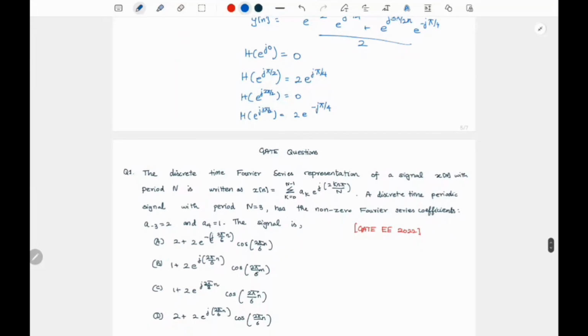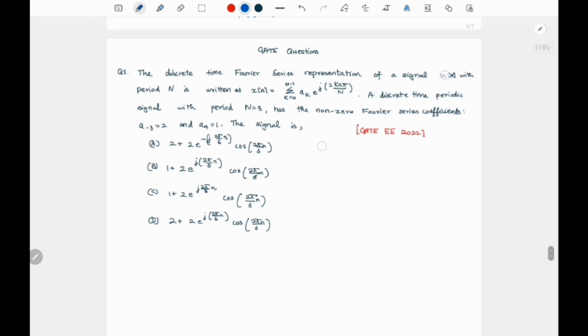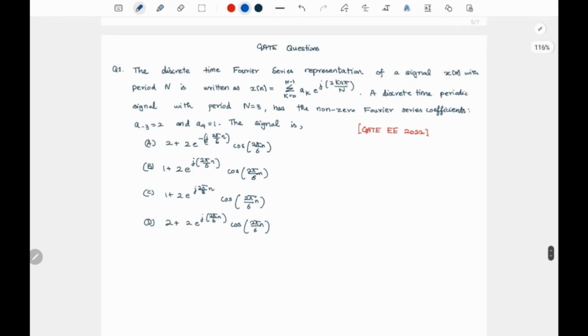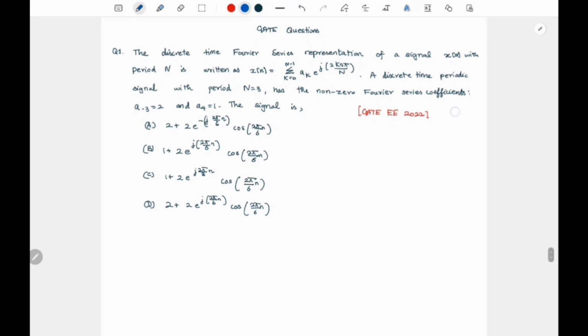Okay, that's it. So we'll solve just one GATE question from EE, because in EC there are no questions based on DFS. The only question is: the discrete time Fourier series representation of a signal x of n with period N is written as x of n equal to summation k equal to 0 to N minus 1 a k e power j 2 k pi n by N. They have only given the expression and just modified the k and n pi just to confuse you.